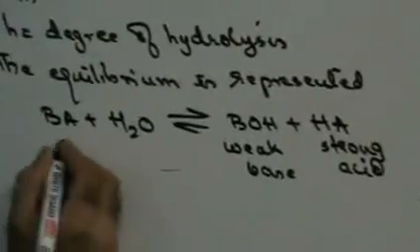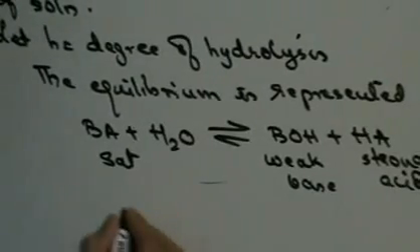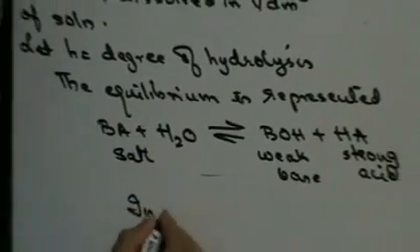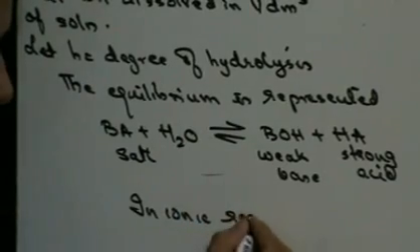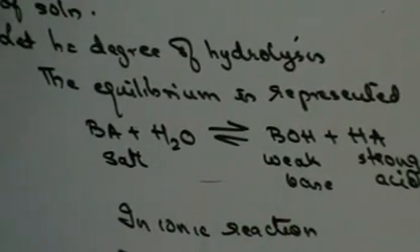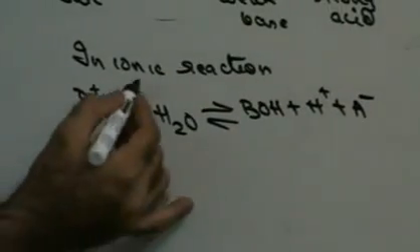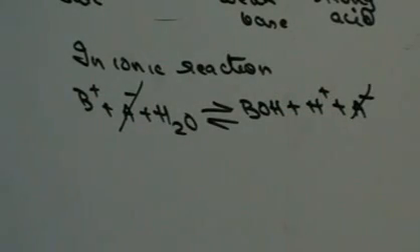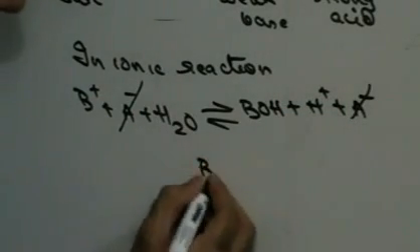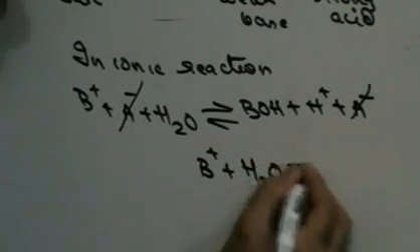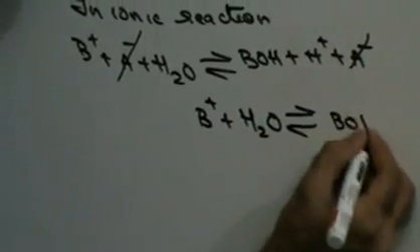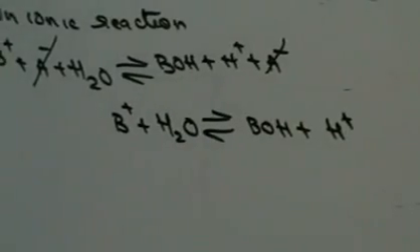In ionic form, the salt will dissociate to give B plus and A minus, plus water reversibly gives BOH, which is weak and will not dissociate, plus H plus and A minus, since the strong acid dissociates. A minus and A minus get cancelled, so my net reaction will be B plus plus H2O reversibly gives you BOH plus H plus.